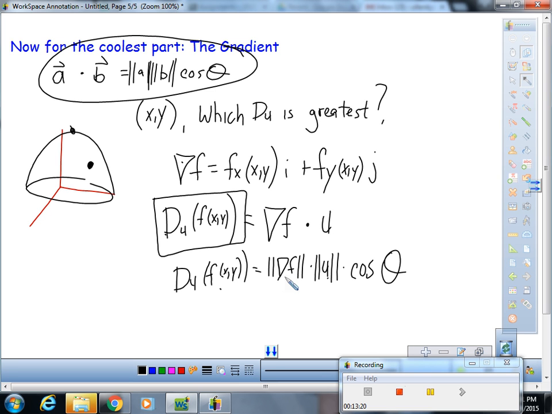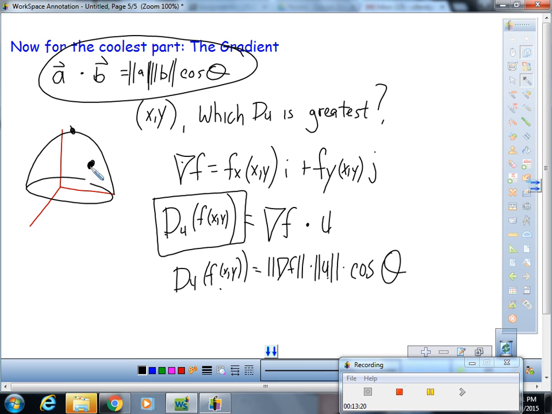Well, they were like, what maximizes this function? What's going to maximize the slope of the line in any given direction? That's what we're finding. We're trying to find the steepest step we could take from this point.